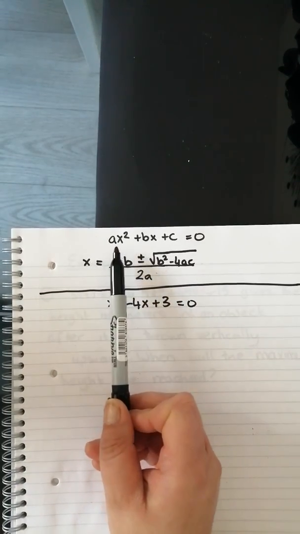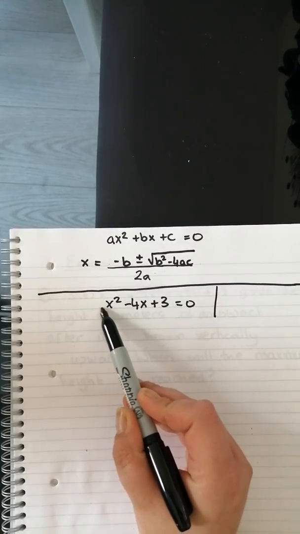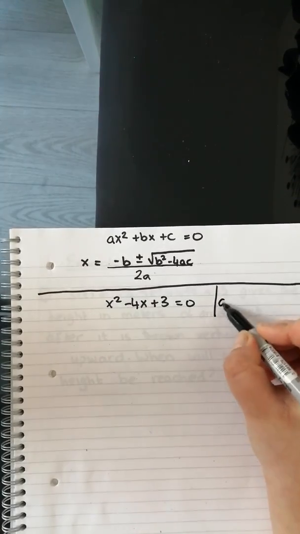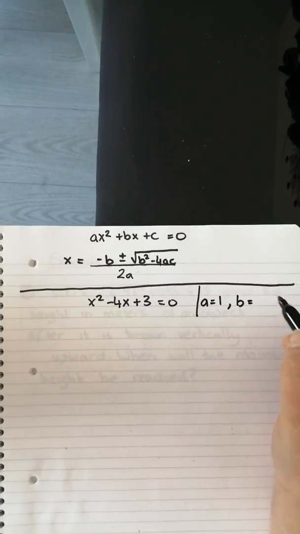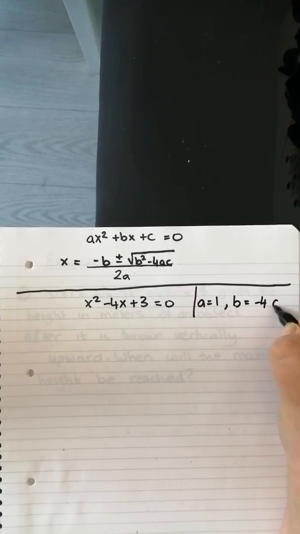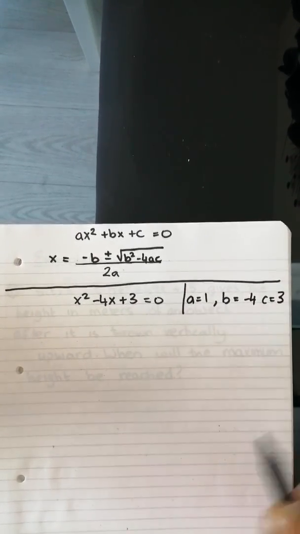So the a is our coefficient of the x squared. Here there's 1x squared, so a is equal to 1. b is the coefficient of x, which is minus 4 here. And c is our constant, which is just plus 3.